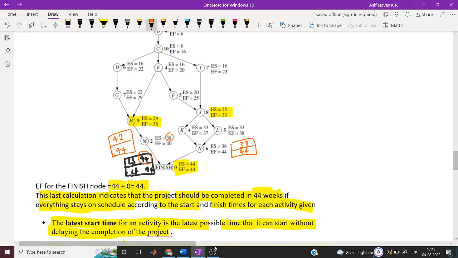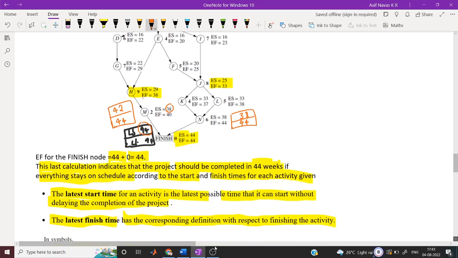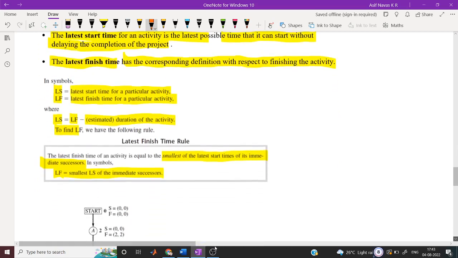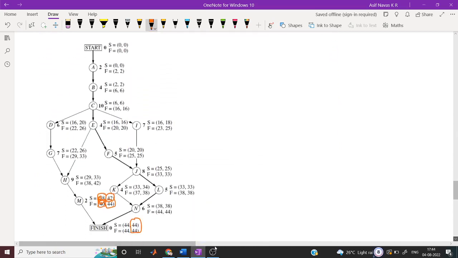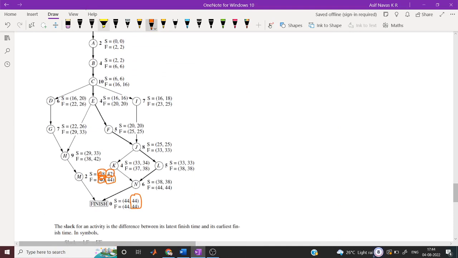So here we get 44, 44 and 0. So LS is 44 minus 0, which is 44.